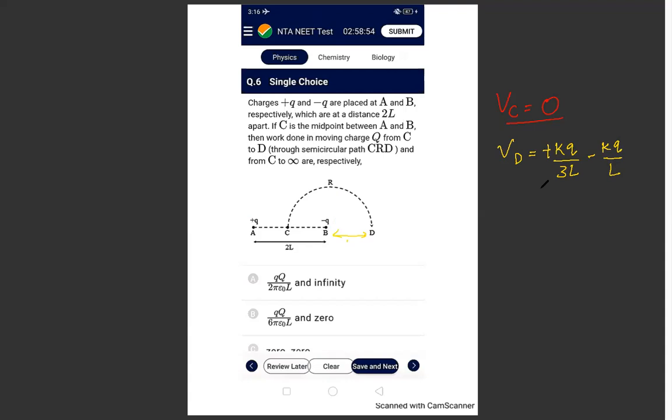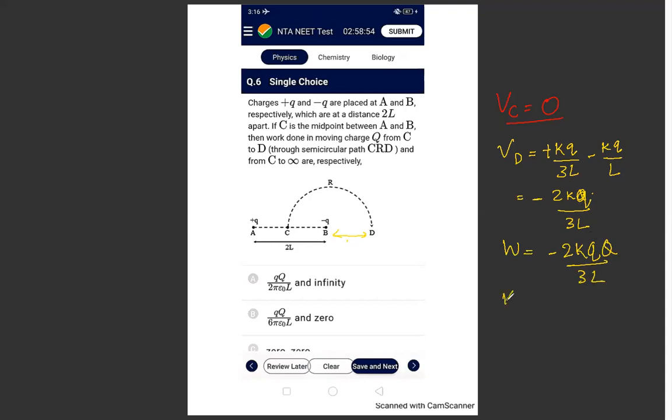So let's find out the potential of point D. We will be getting the answer as minus 2KQ divided by 3L, right? I want to find out the work done to move it from C to D. So it's coming as minus 2KQ and that bigger charge capital Q upon 3L.